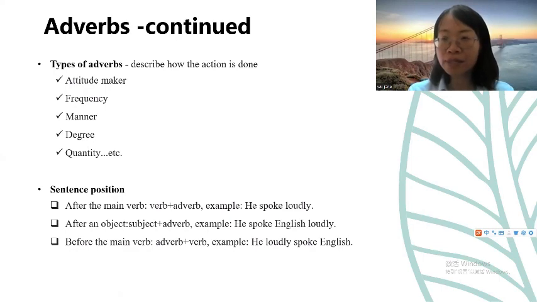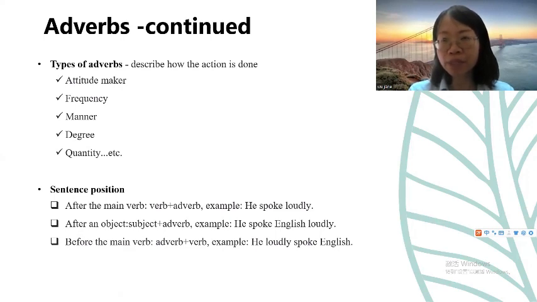So in this sentence, we have the verb spoke, the object English, and then the adverb loudly. So loudly can be in a position after English. The other one is before the main verb, as in this example, he loudly spoke English.